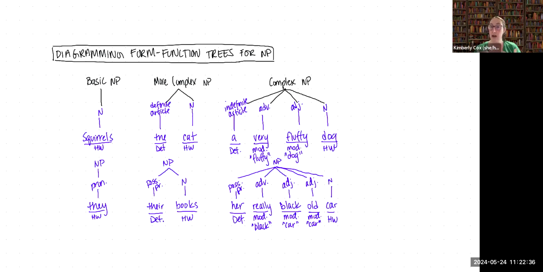So I am not as concerned with you separating out or distinguishing adjective phrases, which oftentimes do appear within noun phrases. So for instance, really black would be an adjective phrase on its own, just like old would be an adjective phrase on its own. My biggest concern when you are doing these sorts of form function trees, if you do, is that you are able to identify the form that the words take and distinguish that from the function that they have in the clause or the phrase to which they belong.